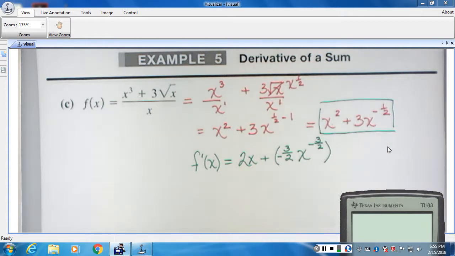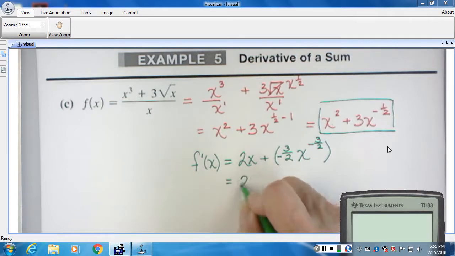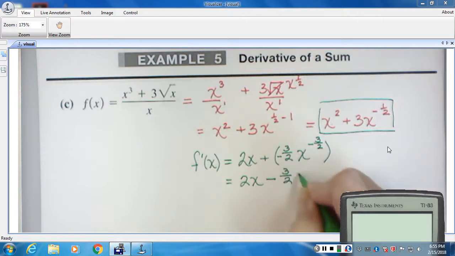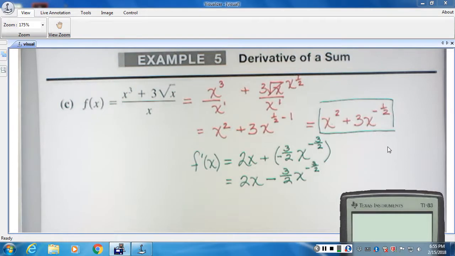And there again, if you don't want to have to deal with the parentheses, then you say 2x minus 3/2 x to the negative 3/2 power. But either one of those is correct. Remember, I'm only doing the calculus. I'm not going to do all the algebraic simplification that comes after the calculus step.